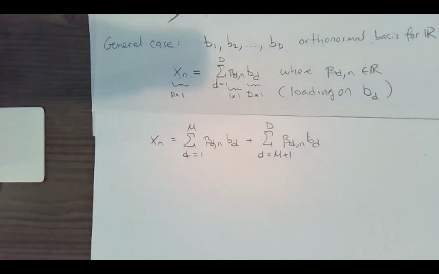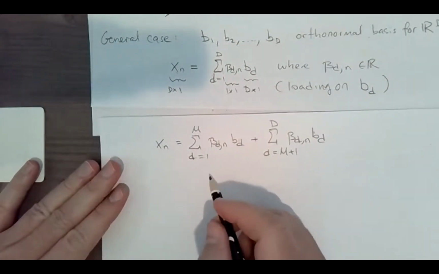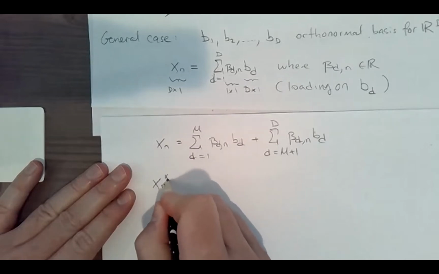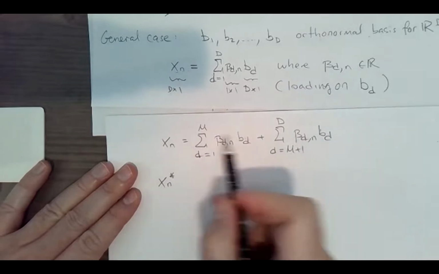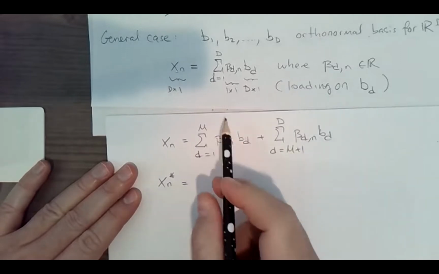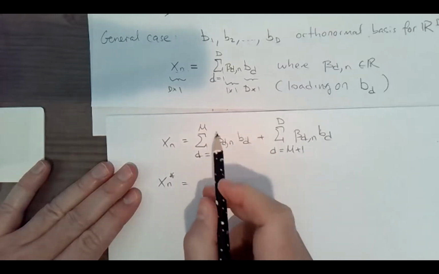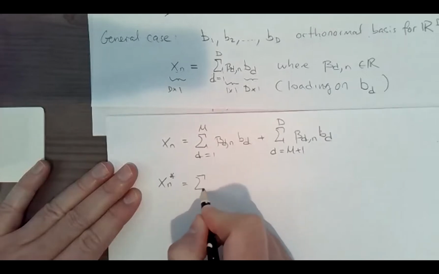So what I want to do is compress it, and my compressed data is going to be denoted by xn star. I'm going to approximate these data points by the first component here. If I want to get it onto the m dimensional subspace, I will just take out the first part.